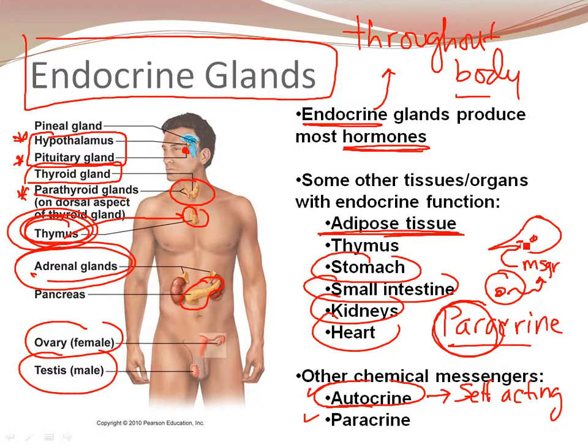They don't tend to travel throughout the whole body and have effects very long distances away. Good examples of paracrine type messengers, your white blood cells that are so important for your immune system function, secrete a lot of paracrine messengers that have many, many complex effects on nearby cells that are often other types of white blood cells.